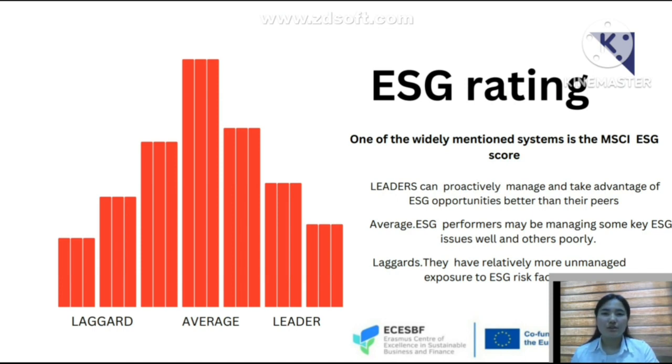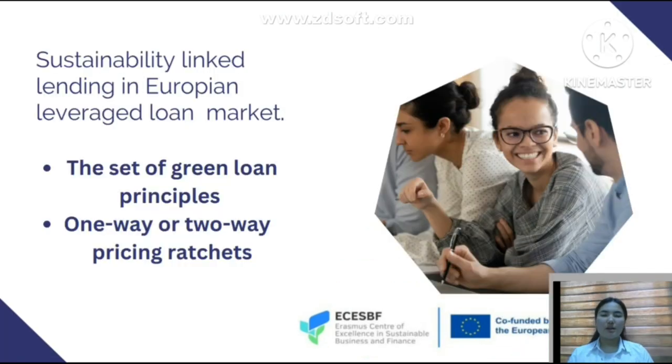And this means that your company is managing its ESG issues relatively well. And finally, if your company is rated just B and triple C, your company is in a lower position than others, and they are considered laggards.